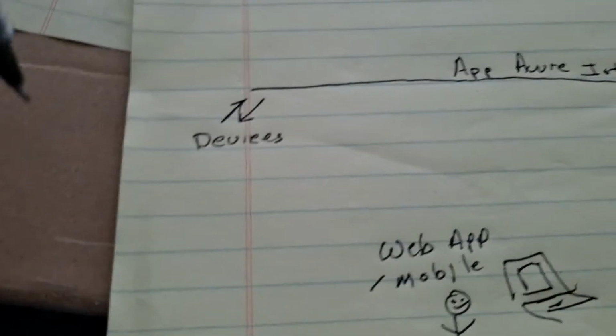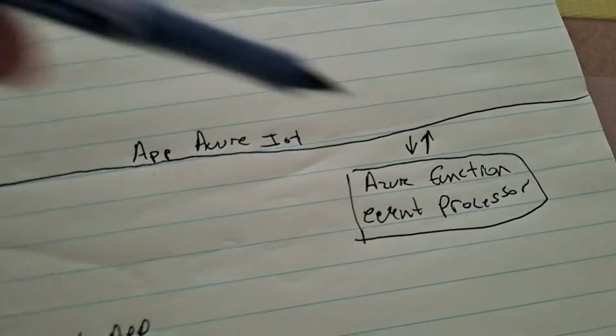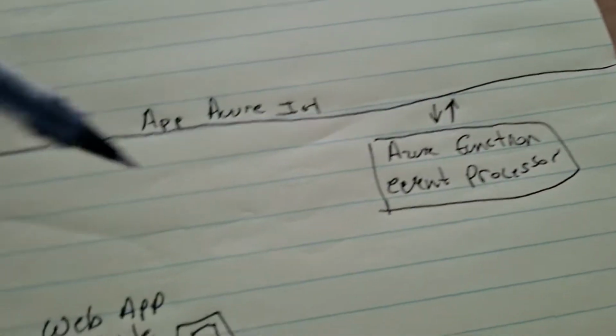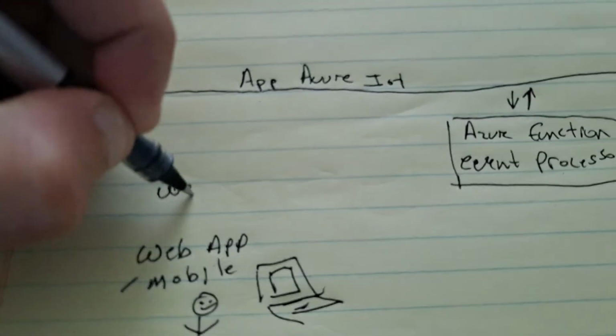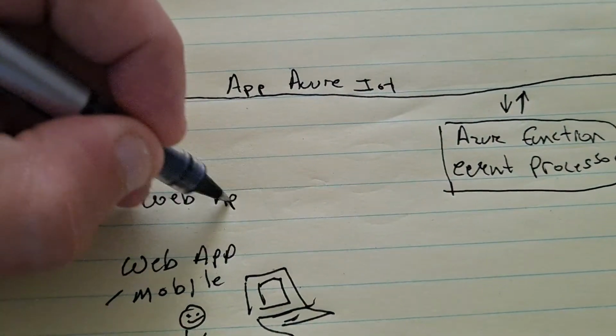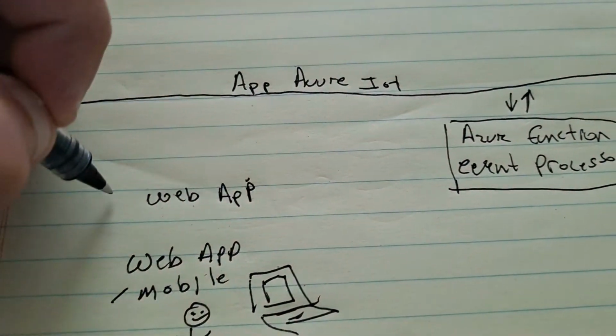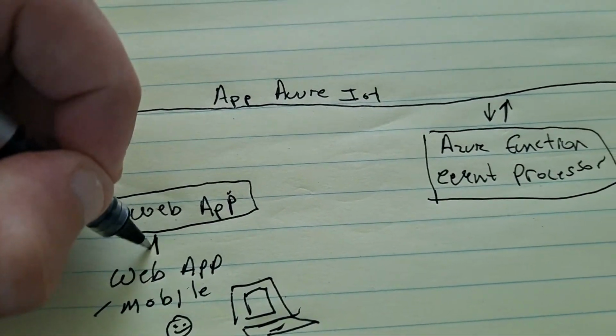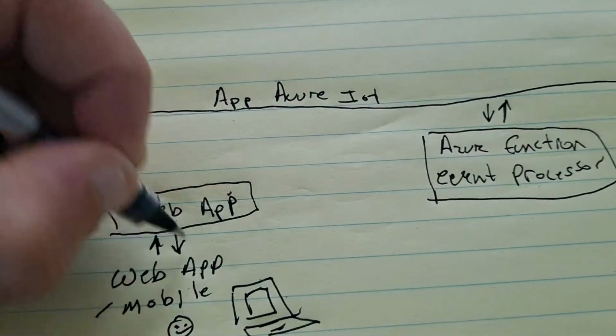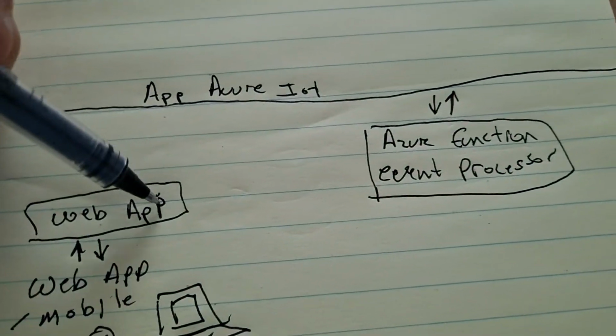So we've got our devices posting events onto here, an Azure function, and then a web API. And then the app is going to interact with the web API here.